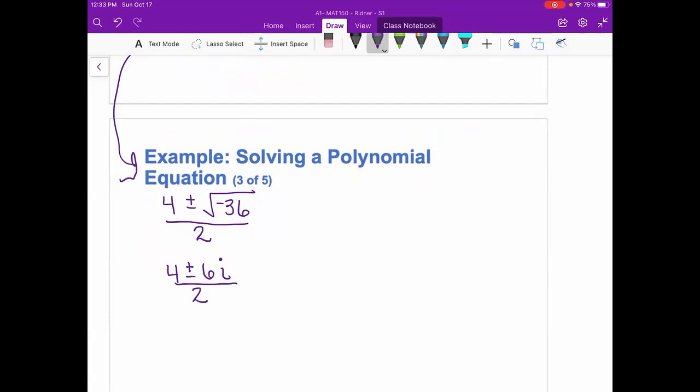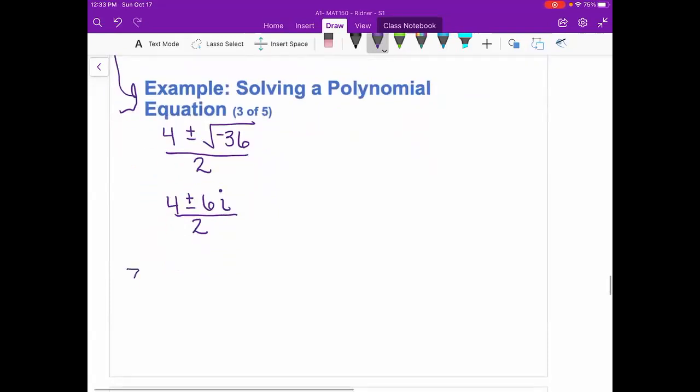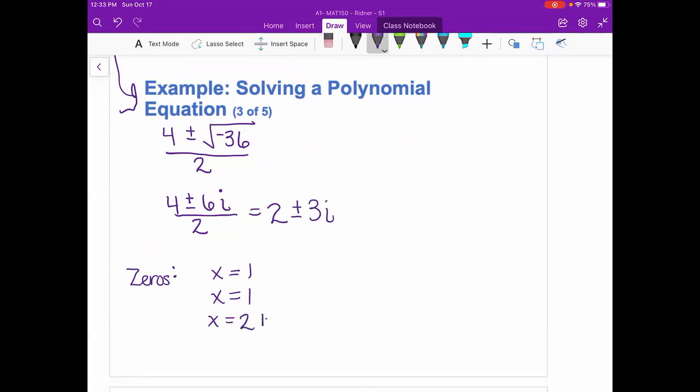All right, so my zeros are x equals 1, x equals 1, x equals 4. Well, this actually can go more to be 2 plus or minus 3i because it all divides nicely. So 2 plus 3i and 2 minus 3i.